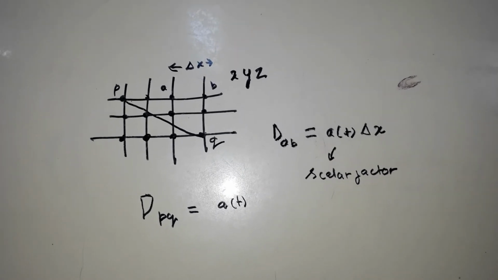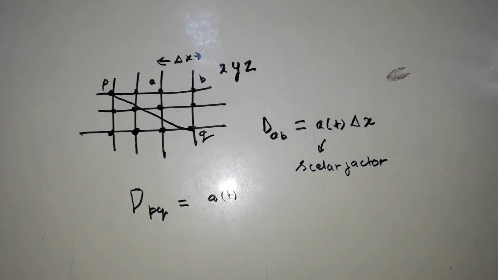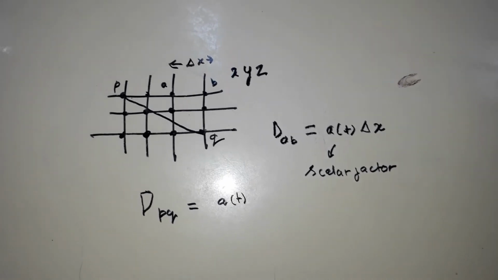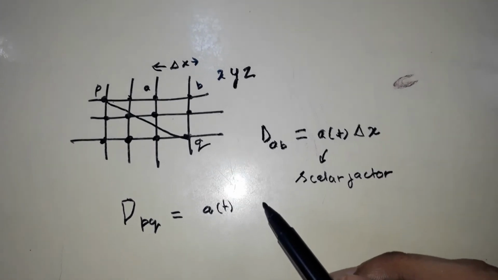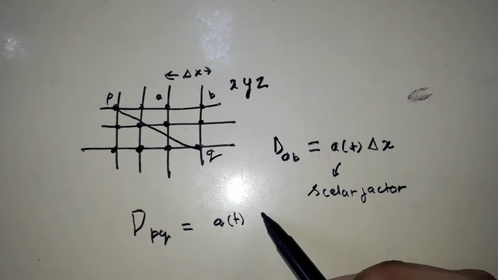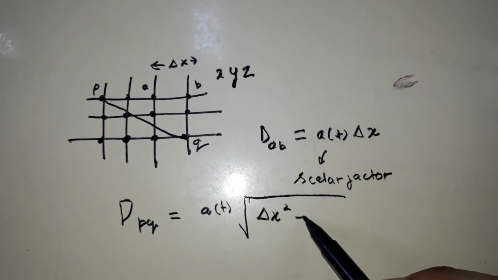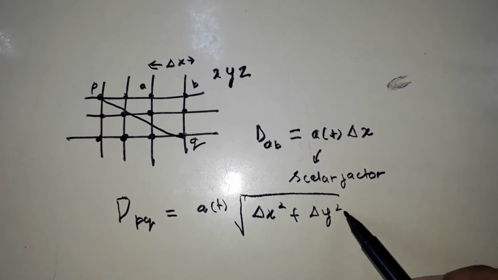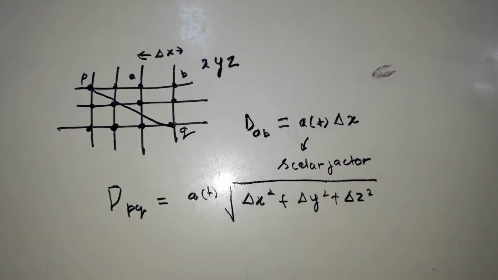It may be a constant or it may not be a constant. It depends on whether the universe is expanding, stationary, or contracting. And this d_PQ is equal to A(t) times the square root of delta x squared plus delta y squared plus delta z squared, depending on the coordinate system.